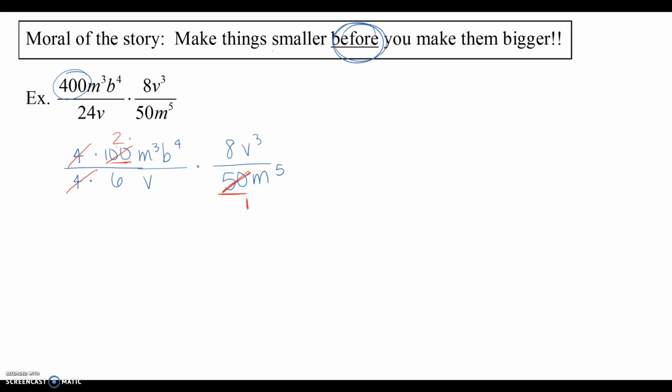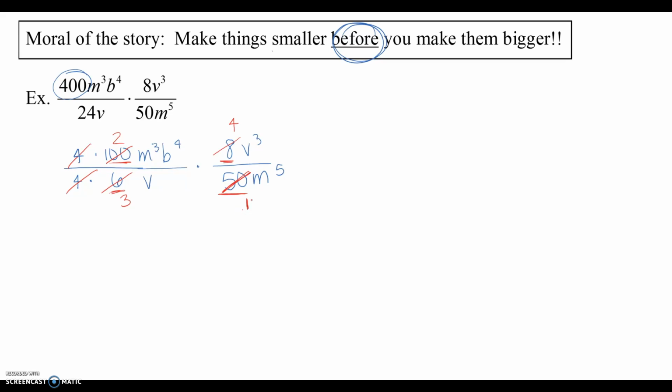So let's rewrite that. Actually, we got a 6 here and an 8 here, so we could simplify those even more. So 6 and 8 are both divisible by 2. What's 6 divided by 2? 3. What's 8 divided by 2? 4. So now this is going to become a 2, this will become a 4, this will become a 3, and this becomes a 1.